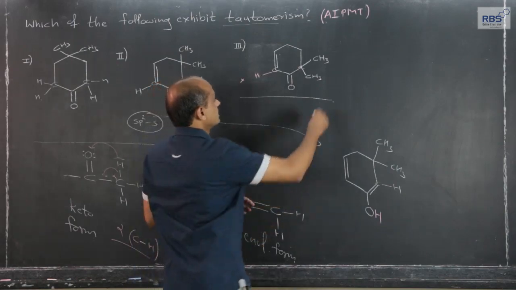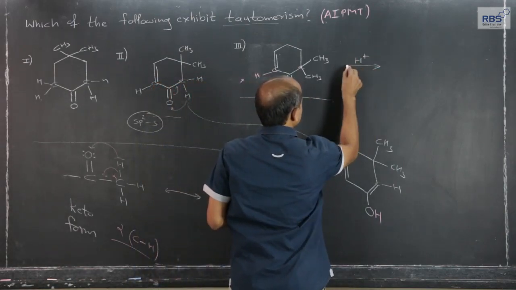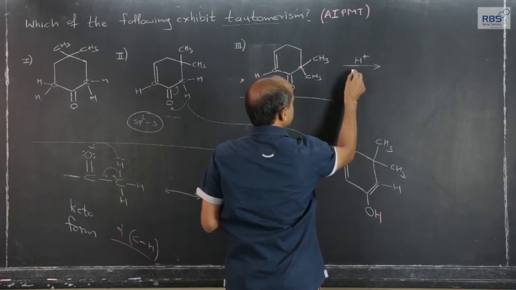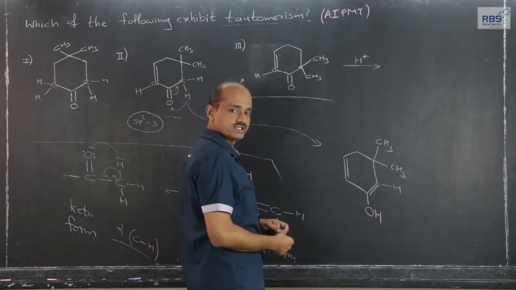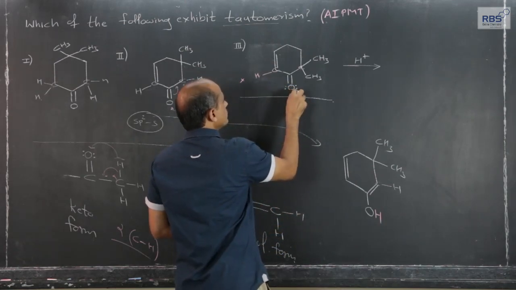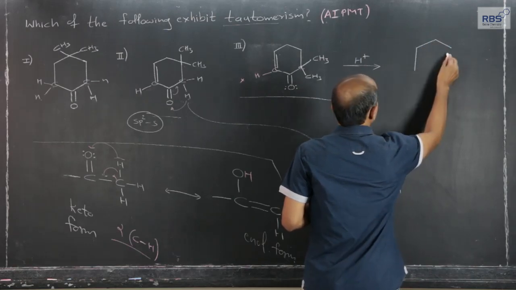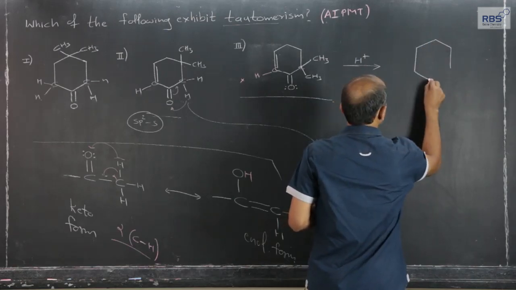And especially in acidic condition, what happens is this: free H plus ions, meaning dilute acid, dilute HCl, dilute H2SO4. Protonation of this lone pair will take place.